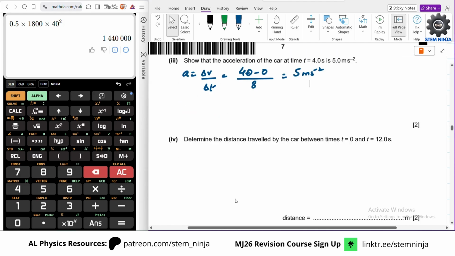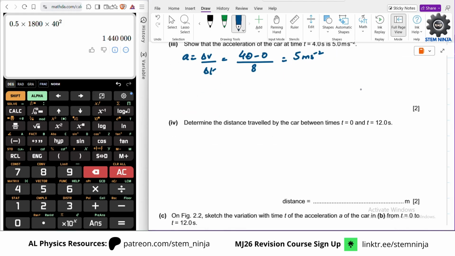Determine the distance traveled by the car between times t equal to 0 and 12 seconds. Now, as we said before, we can convert this into a velocity time graph also. So we have from 0 to 40, this is 40 at 8 seconds, and this is 12 seconds.